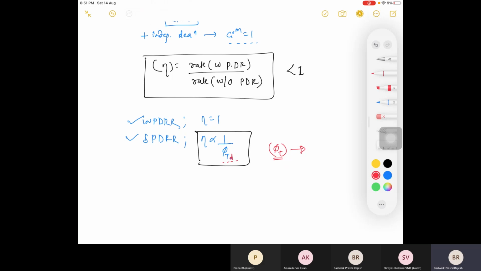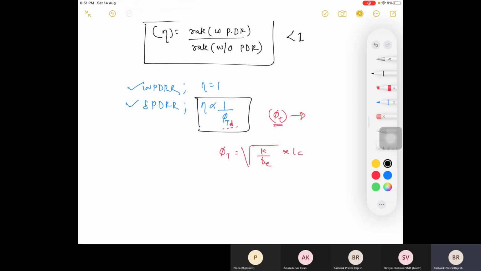Then you know what phi_T is. It is root of k by D_e into L_c. Now you write down the cases.